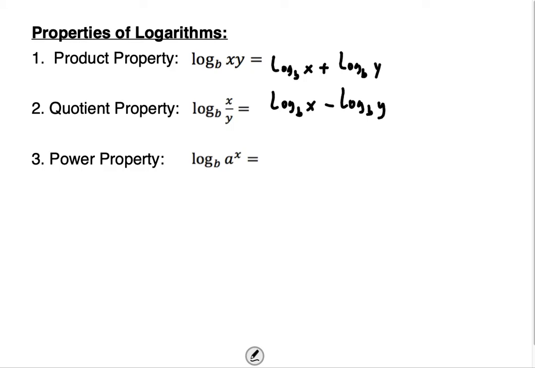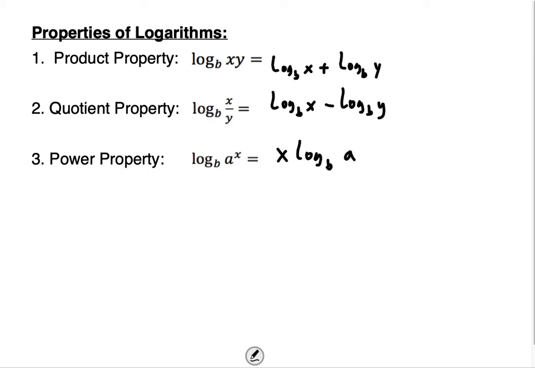And then the power property, what that says, you've got log base b of a to some power, in this case a to the x. That power, which is x in this case, can pop out in front and become x times log base b of a. All right, so the first one, the product property, they're combined together by multiplication, and then you separate them and it goes into addition.